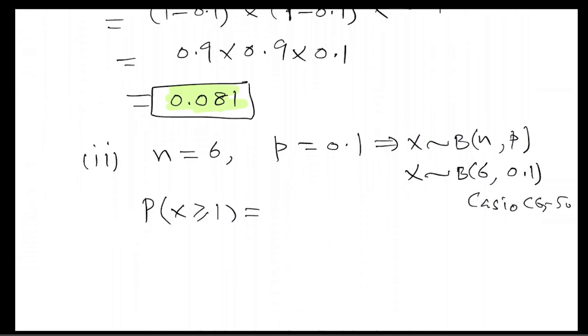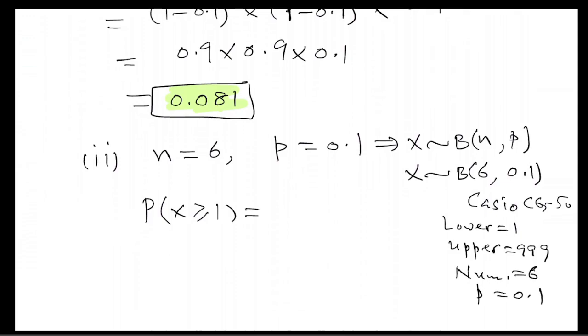Lower is 1 and upper we don't have, so 999. The number of trials is 6, and p is 0.1. We will put all this and press execute.